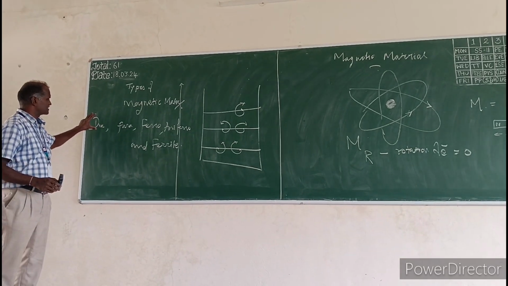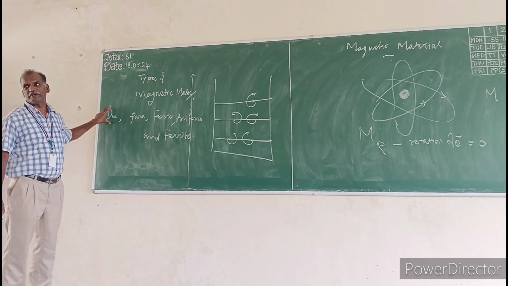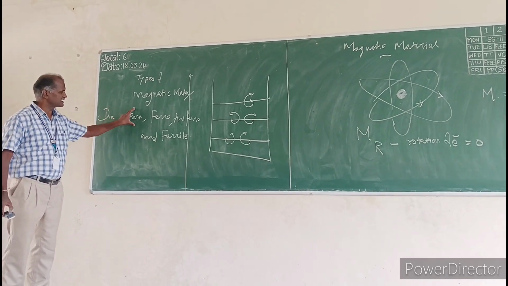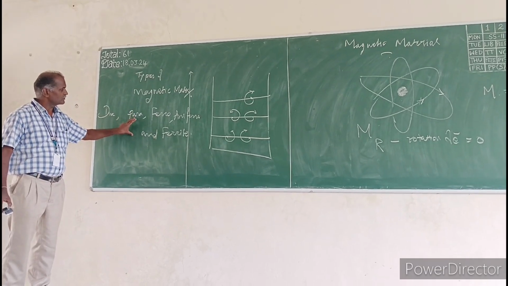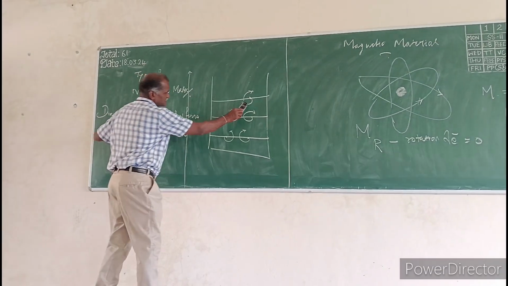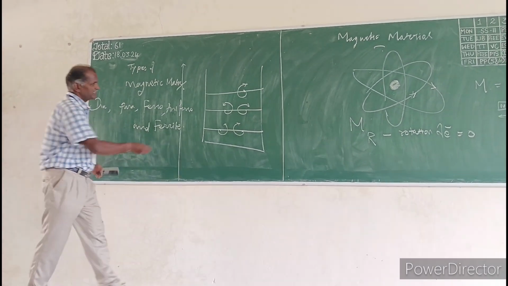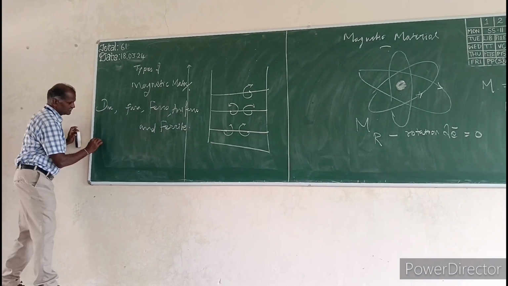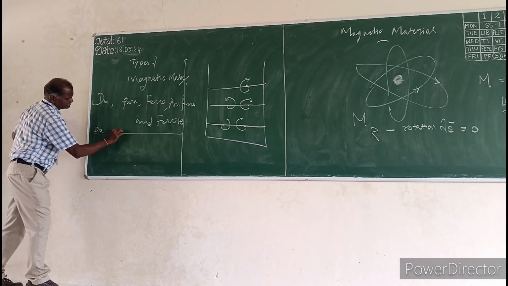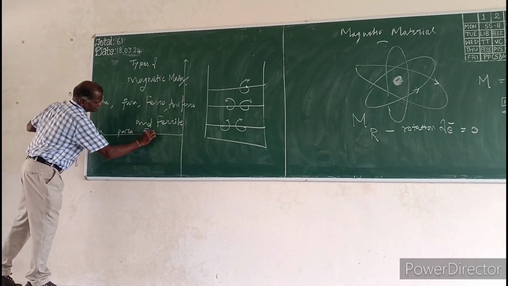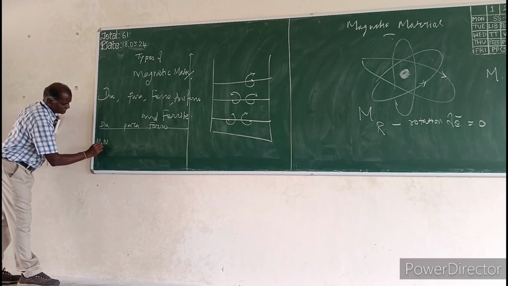We shall pass to the first case, diamagnetic material. In the diamagnetic material, there is no permanent magnetic moment. In the second case, paramagnetic material, there are a few unpaired electrons present. Here, there are no unpaired electrons present. Because of that, you will have no magnetic moment.